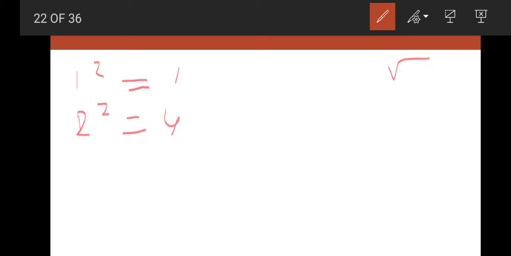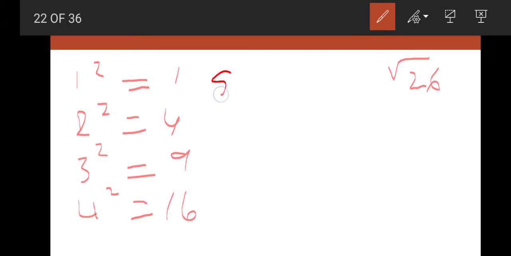Remember, we need to find 2 consecutive integers which the square root of 26 lies between. Continuing, if you square 3, it gives you 9, and if you square 4, it gives you 16. If you square 5, it gives you 25, and if you square 6, it gives you 36.